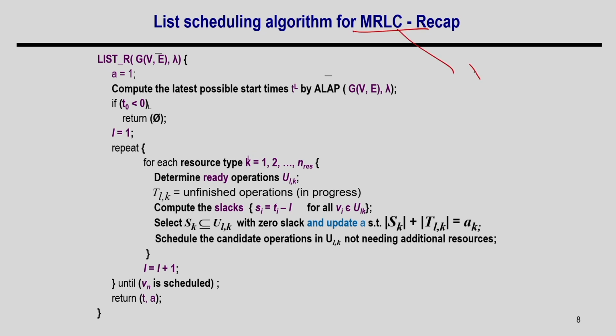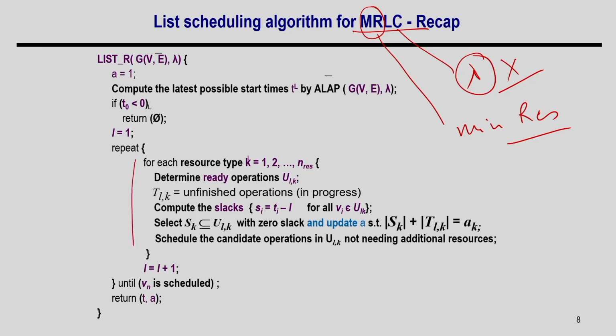So, here the latency bound is given, and our objective is the minimization of the resource. If you recall the list based scheduling algorithm that I have already discussed: because I do not know what the resource bound is, I have assumed that initially I have only one instance for each resource.